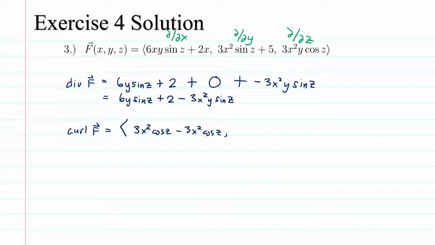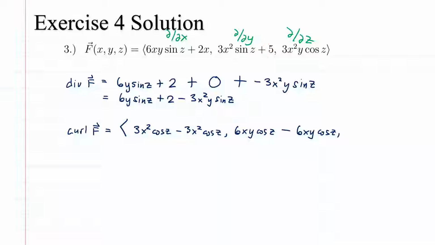Second component, partial nito with respect to z, which is 6xy cosine z minus partial nito with respect to x, 6xy cosine z. Okay, then yung third component ng curl ay partial nito with respect to x.